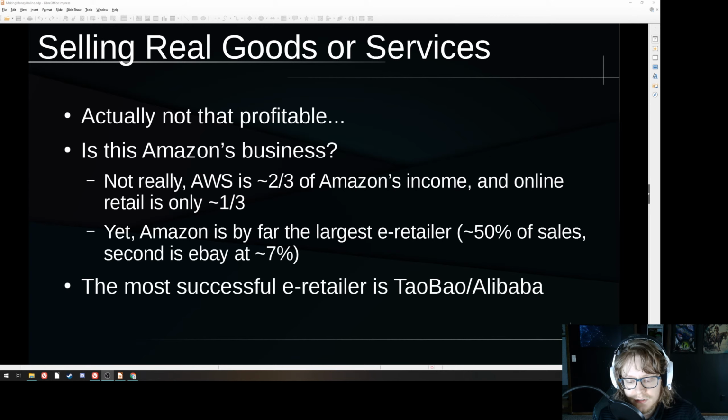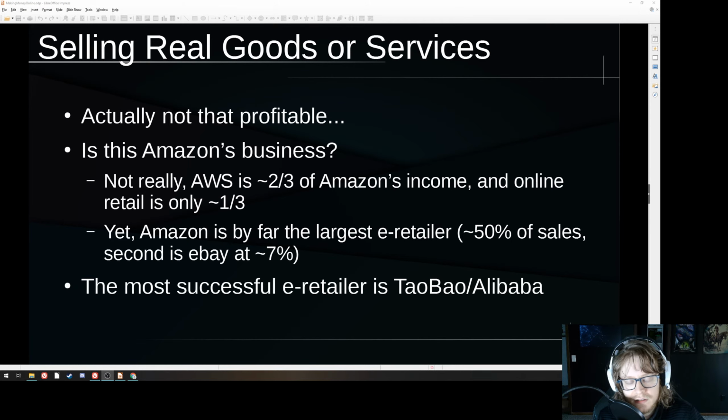Amazon is still by far the largest retailer in the West. They account for about 50% of e-commerce in the West, so in the United States, and I think in the EU as well. Second place is eBay with just 7%, so Amazon owns a huge chunk and they are first by far. But the most successful e-retailer in the world is actually Alibaba, which is now more often known as Taobao, the Chinese e-retailer.